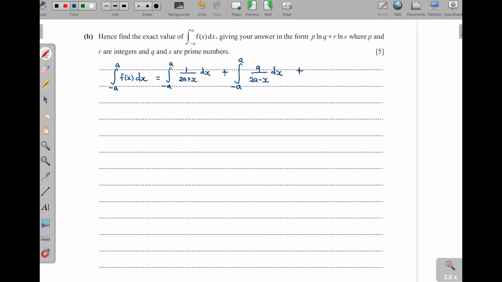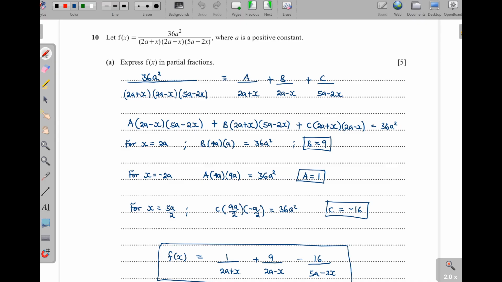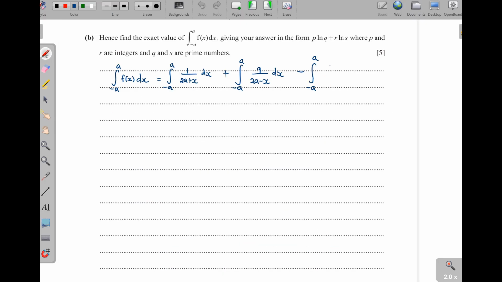Then the next one is actually minus 16, not so? So negative 16 over 5 minus 2x, then with respect to what? 2x, I think there is an a here. It is 5a. You know, you make a mistake in one, the whole thing goes.